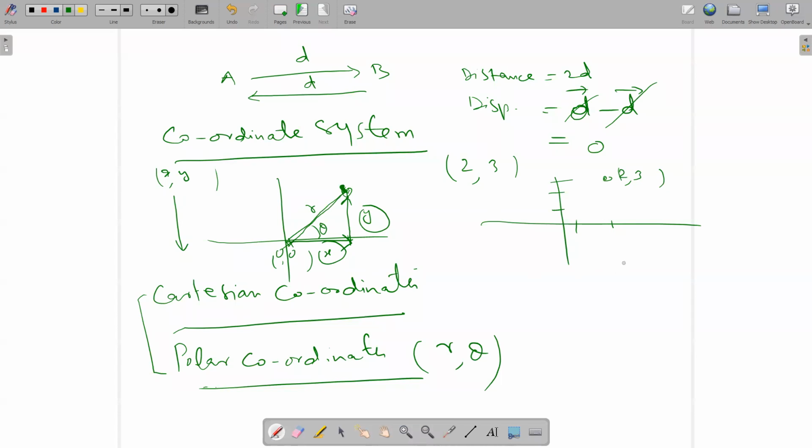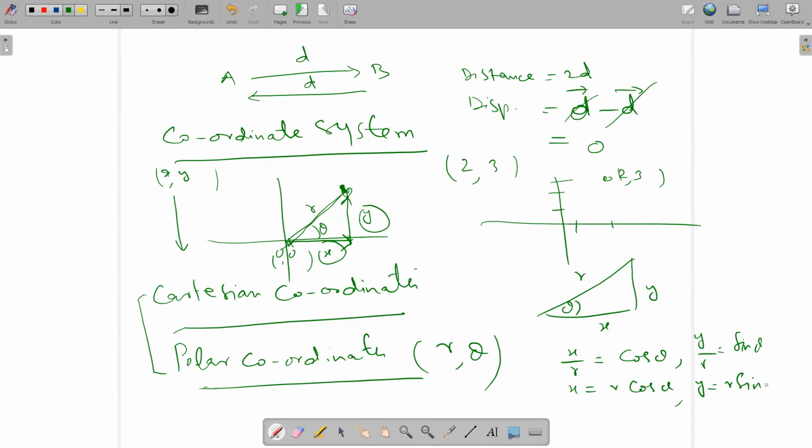And how can we make a relation? We can make a relation with this triangle. This is the Pythagoras theorem. This is angle theta. So x over r is equal to cos theta, and y over r is equal to sine theta. So x is equal to r cos theta and y is equal to r sine theta.